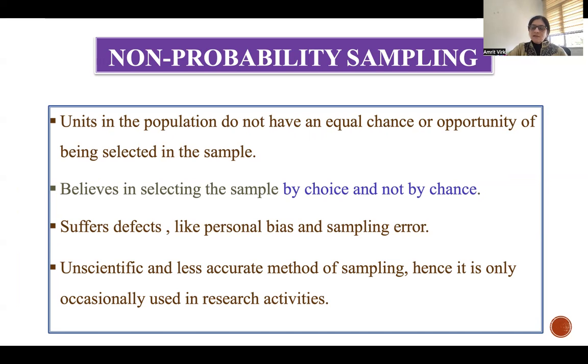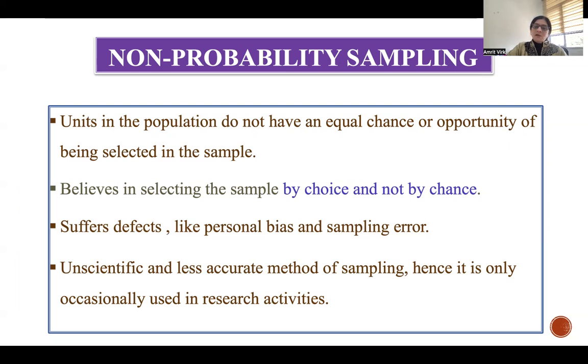Here, the selection of elements is based on assumptions regarding the population of interest, which forms the criteria for selection. Because the selection of elements is non-random, non-probability sampling does not allow the estimation of sampling errors. This is one disadvantage of the non-probability methods.